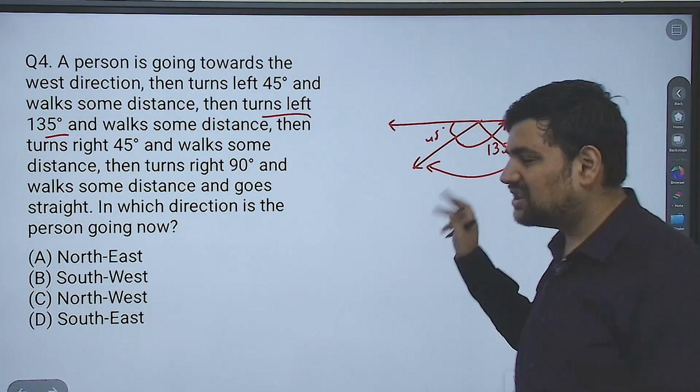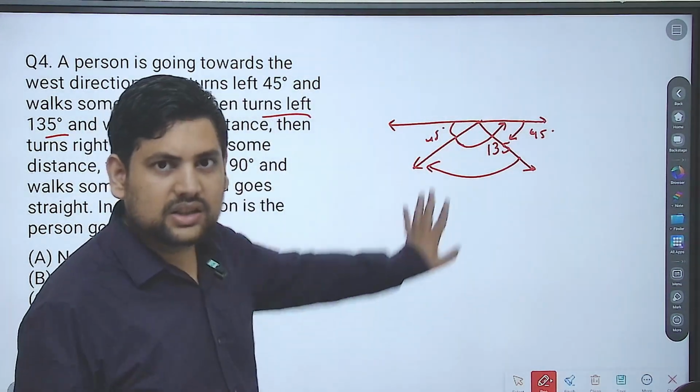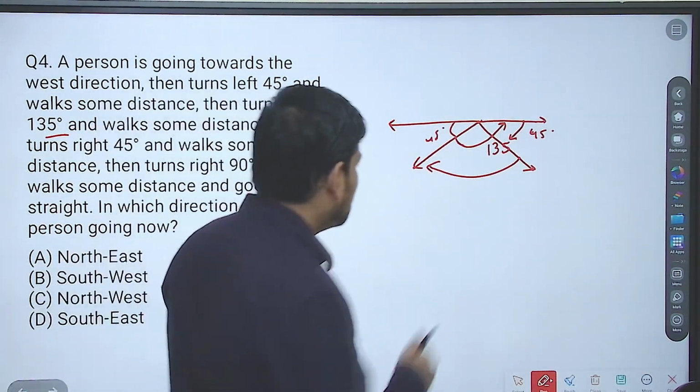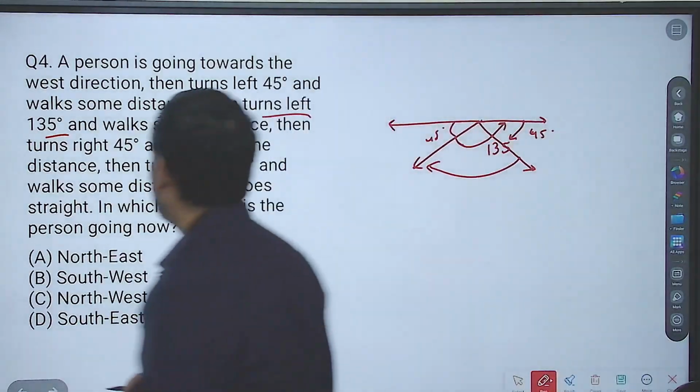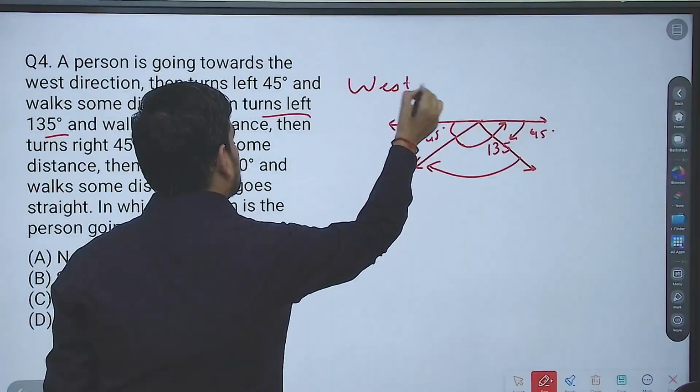Now can you see this is getting too haphazard? What we could have done instead, this is fine. In this way also you can get the answer, but eventually what you want is simply this. He is going in the west direction.